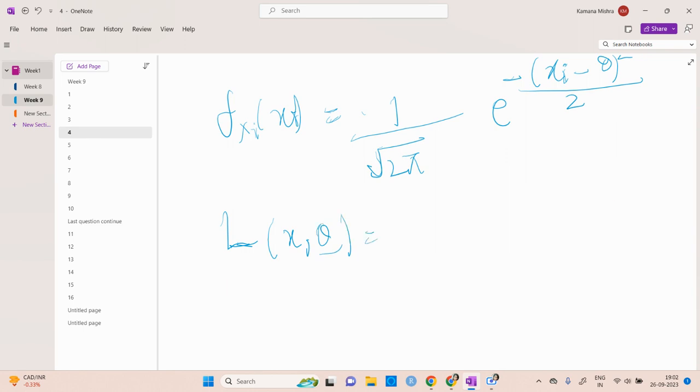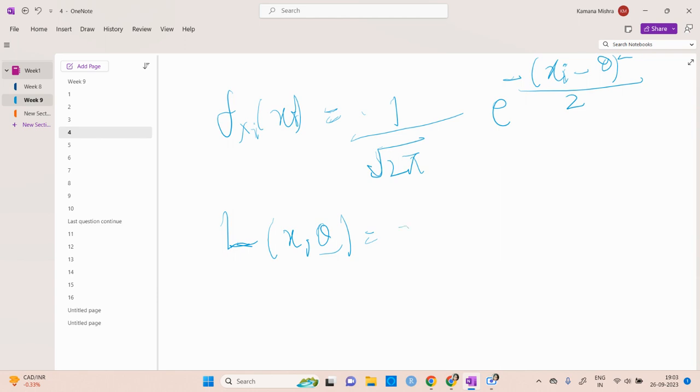Now the likelihood function L(x; theta) is what? Mu here is theta, so we can directly write theta here. If you have more than one parameter, then you can write mu and sigma squared.